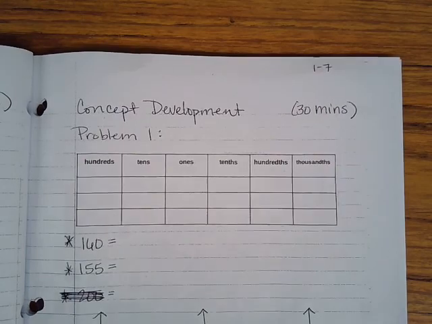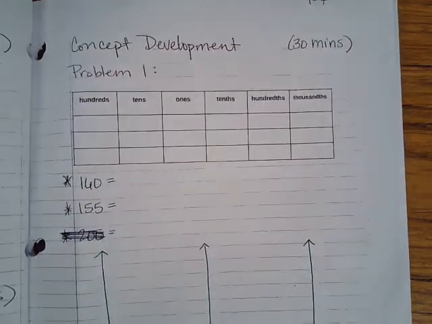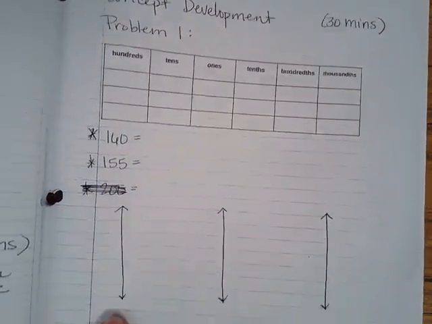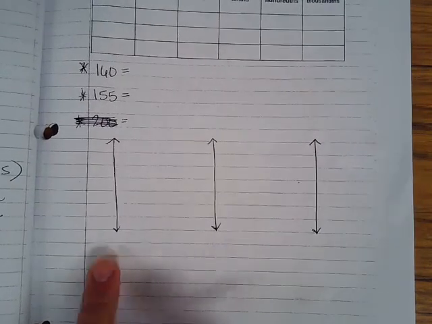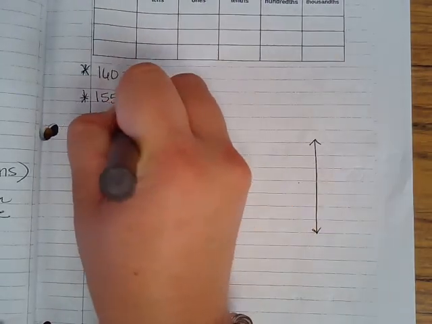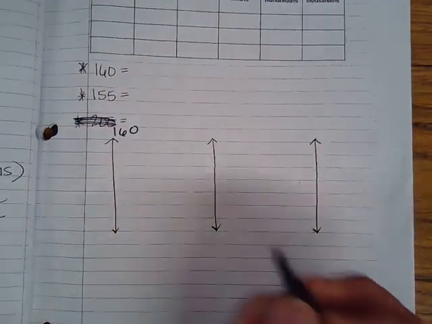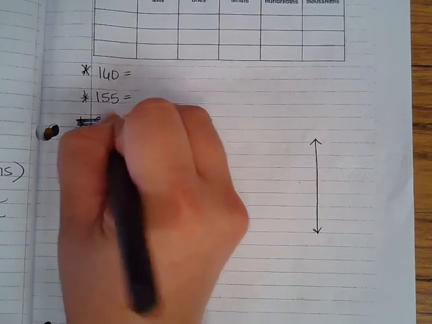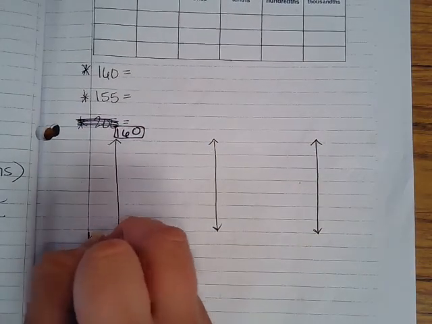So we're going to use these vertical number lines down here, and we're going to focus on finding the midpoint and using the midpoint to round up or down to the nearest hundreds place or the nearest tens place. So I'm going to start with 160, and we're going to round to the hundred spot, okay?